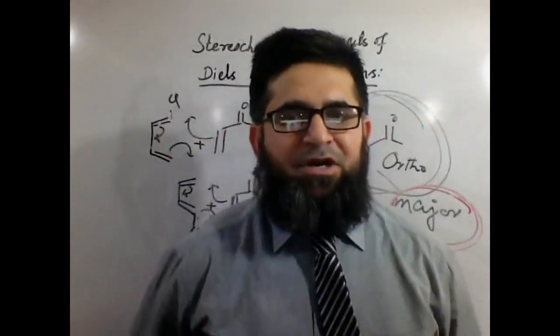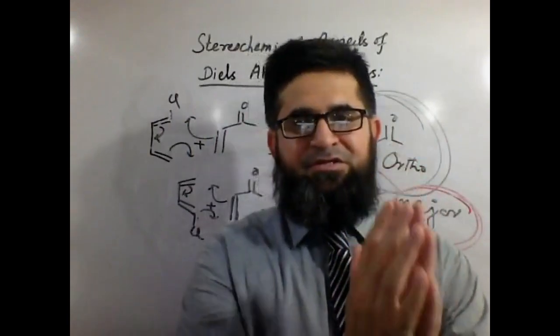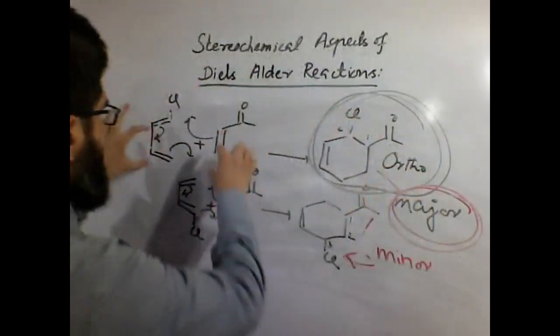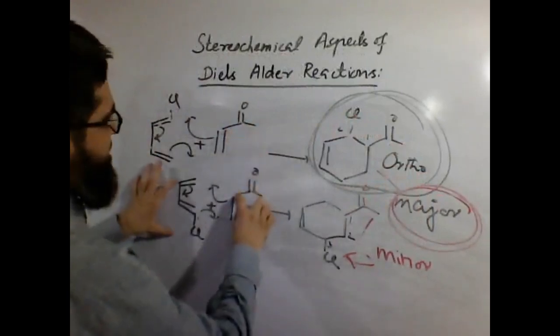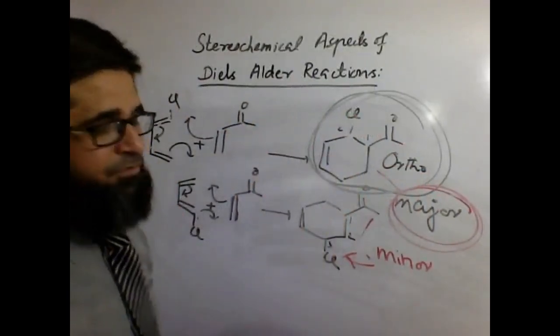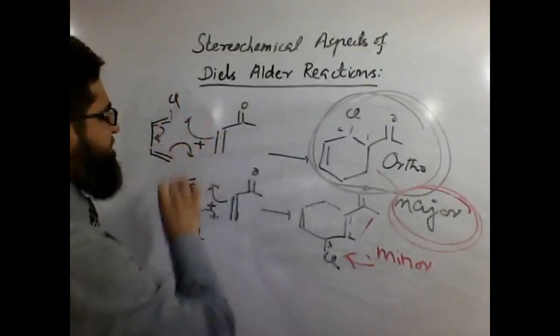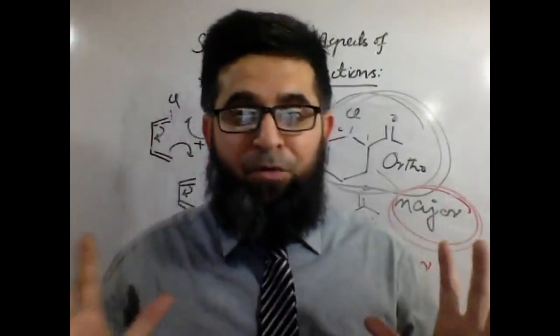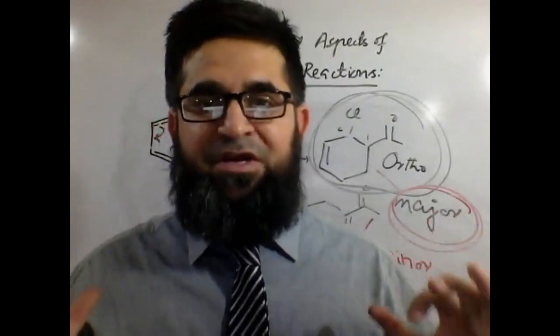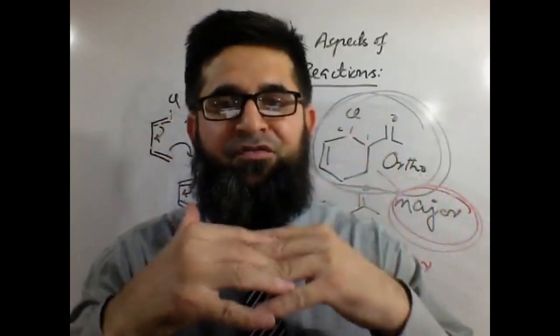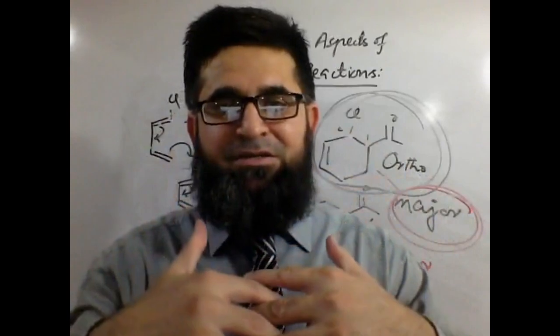Diels-Alder reactions give a cyclic product. Starting from linear chain reactants, we receive cycles. Secondly, this reaction happens only with the rearrangement of the pi bonds, with no byproduct formation. So that's why they come under eco-friendly reactions, green reactions.